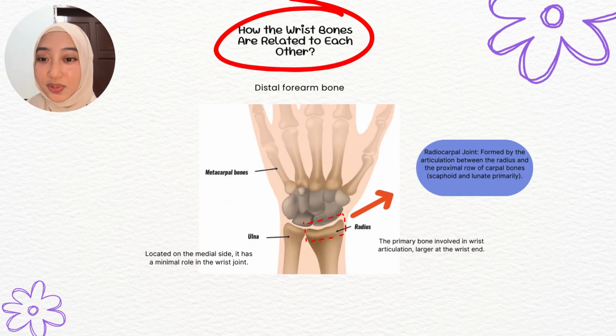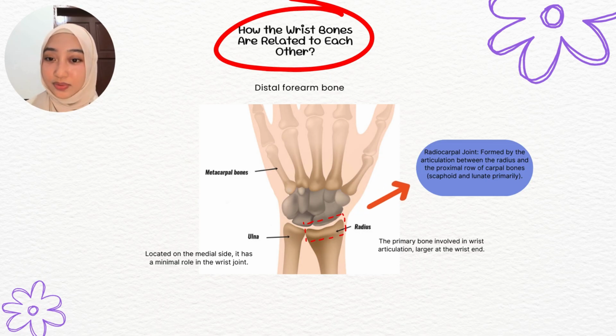Here, I show you the distal forearm bone. So in wrist anatomy, it also involves a radiocarpal joint, where it is formed by the articulation between the radius and the proximal row of the carpal bones, primarily the scaphoid and lunate.